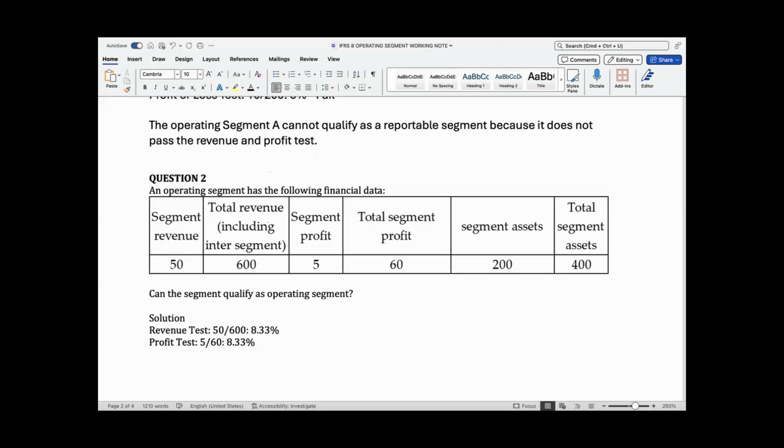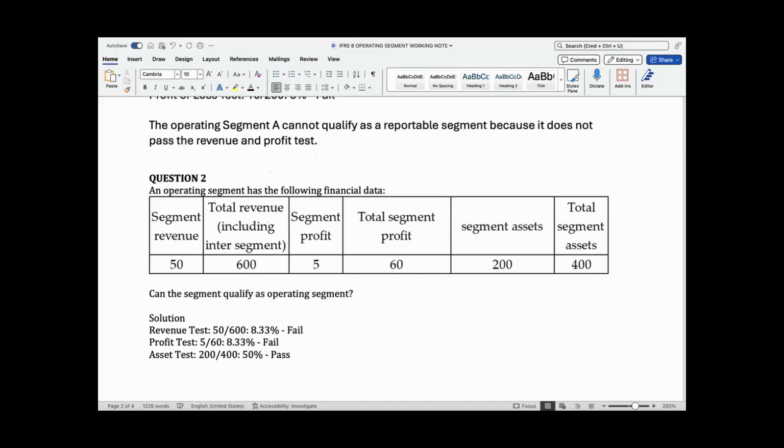Finally, I'll check for assets tests. The segment asset is 200 divided by 400. So what's 200 divided by 400? That's 50%. So pass. Here, fail. Here, fail.